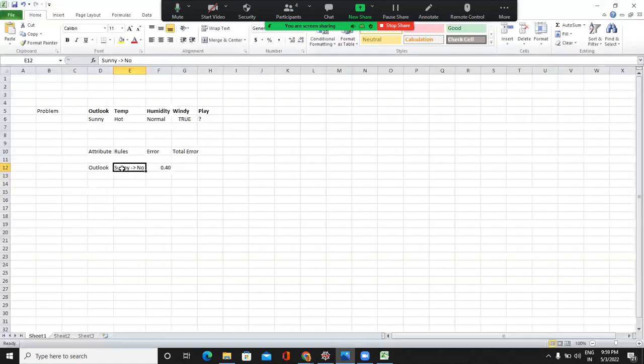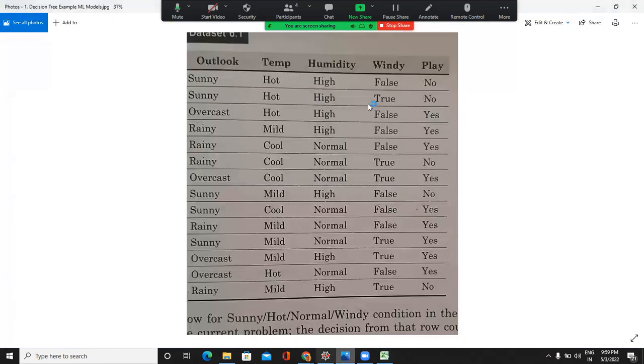For sunny, we stuck to a rule, and we got this error. Yeah. So why sunny no and why not sunny yes? Because if we say sunny yes, the error will be more.